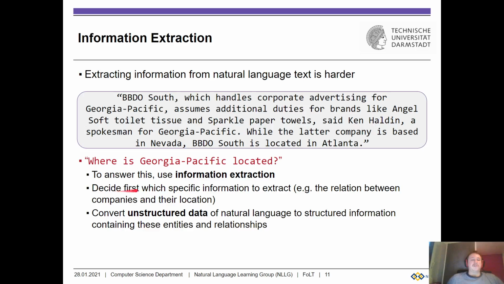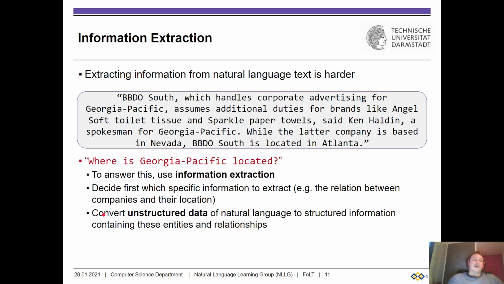And to do so, we first need to decide the specific information that we're interested in. For example, are we interested in companies? Are we interested in brands? Are we interested in people, like politicians, or company-associated personnel?